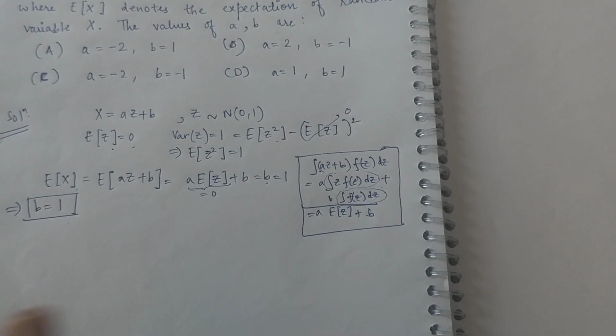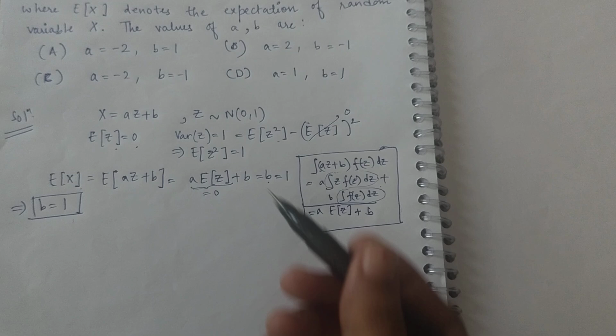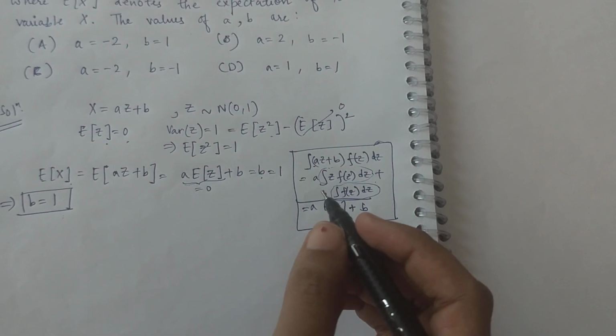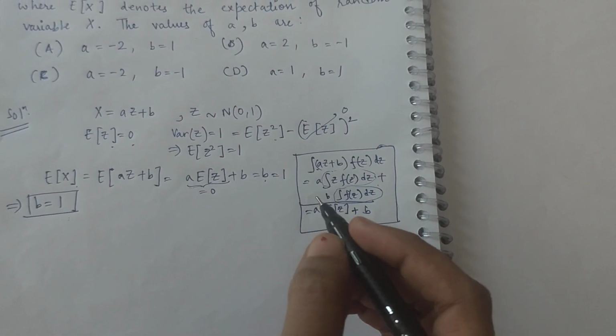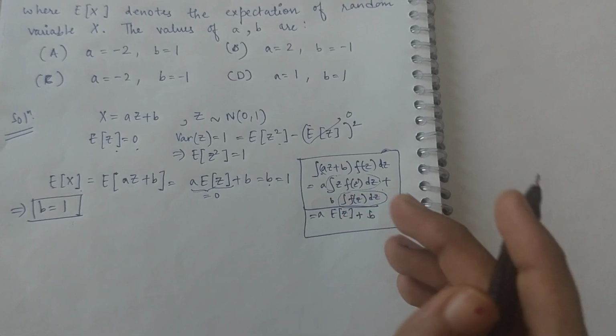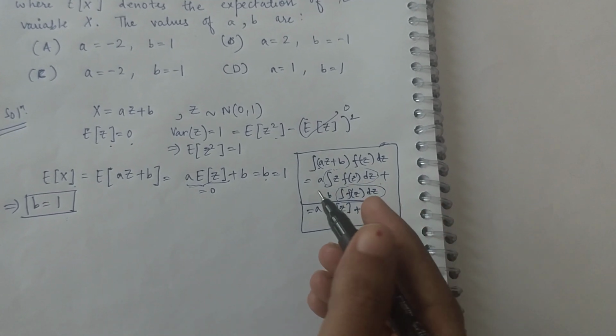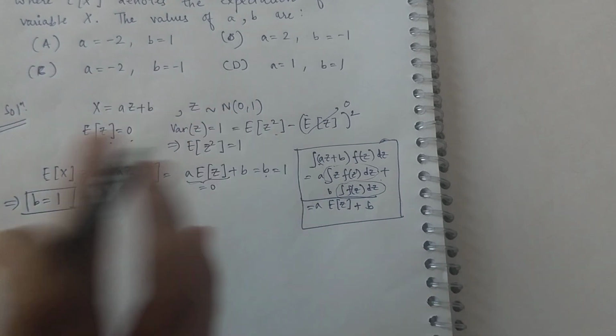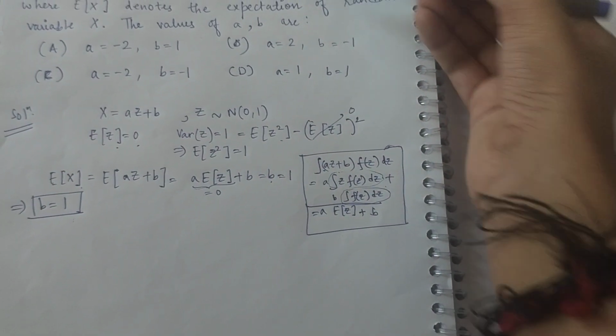But the tricky part for me actually was finding the value of a, because I remember in the exam I was getting a square equals 2, something like that. I think I got the value of a square equals 4 after solving both these two equations.